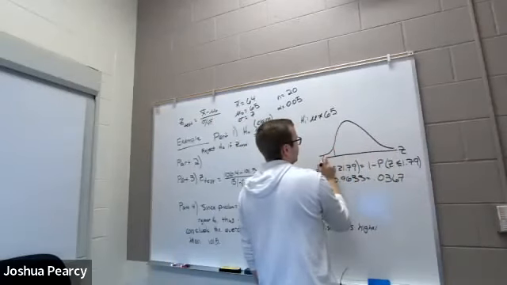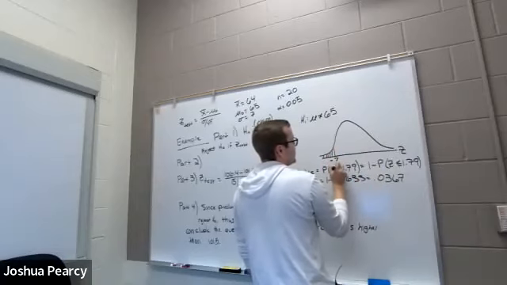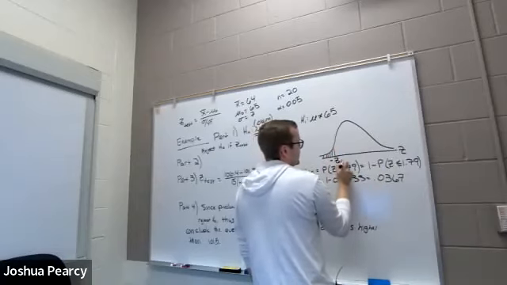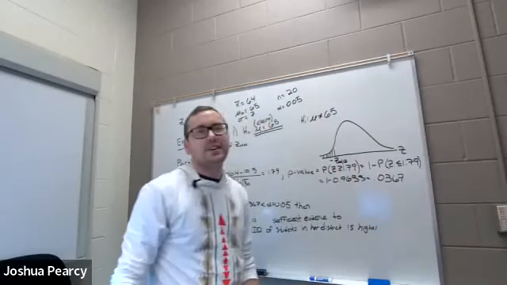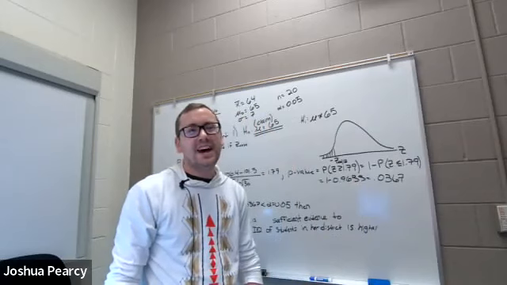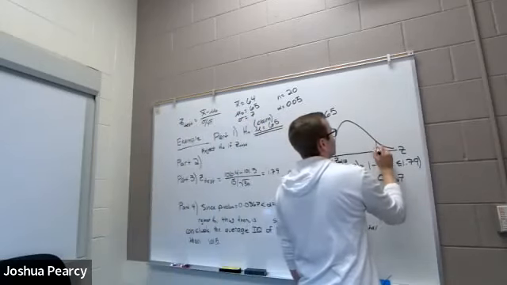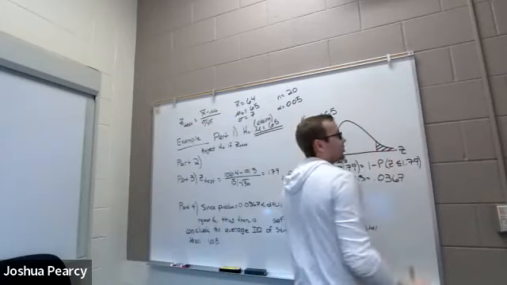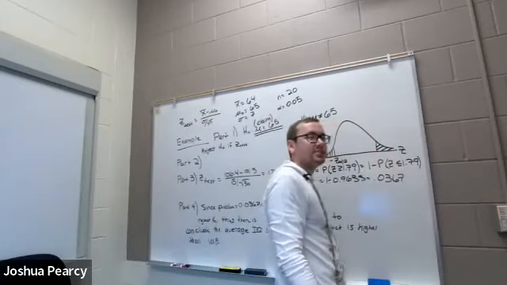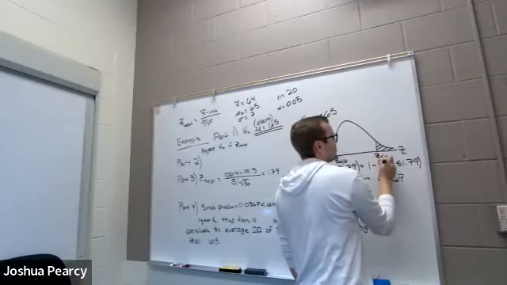You're going to have the area to the left of some negative z alpha over 2. And what is the area to the left of that? It'll be half of alpha, because you want the area in these two critical regions to add up to alpha, right? So the area in each of them will be alpha over 2.